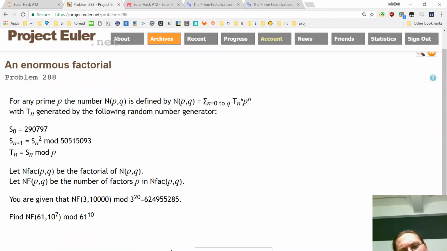I don't understand this. I mean, at least they give this as an example to verify that the understanding is correct. Yeah, but for 3, would you say that this makes sense? This, what is it? 3 and 10,000, 624,900,000.